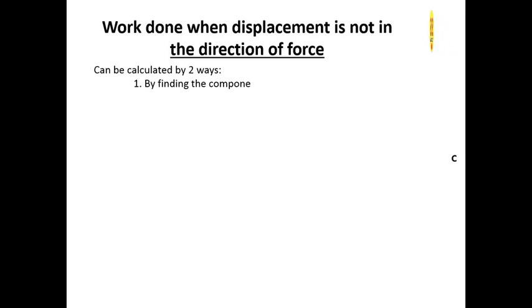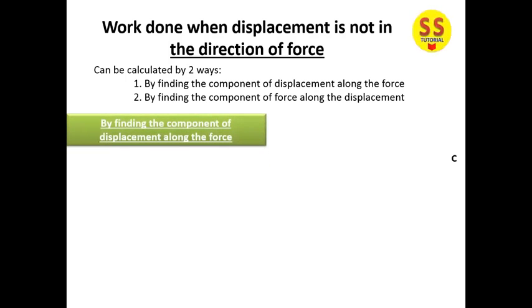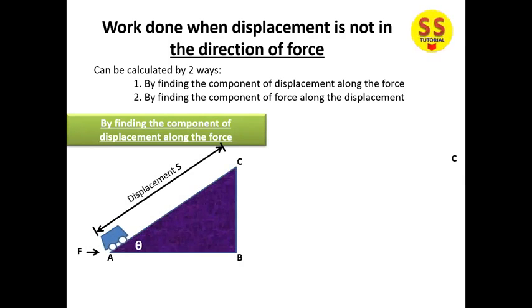One, by finding the component of displacement along the force, and second, by finding the component of force along the displacement. First we discuss finding the component of displacement along the force. Just look at the figure. Here a vehicle is trying to climb an inclined plane.